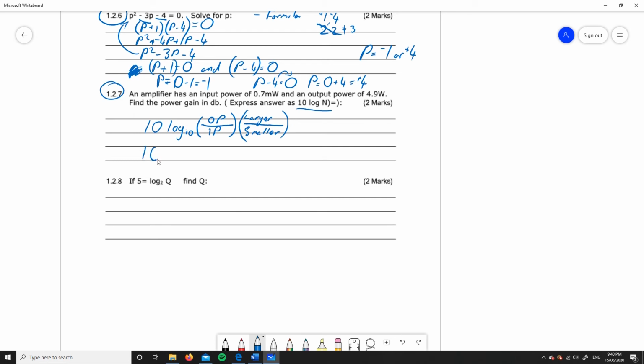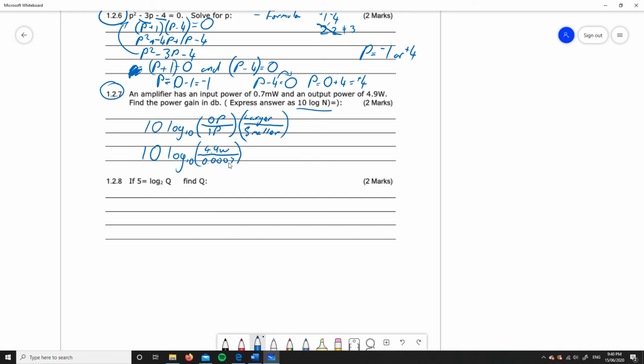So down here, drop that down, 10 log 10 of 4.9 watts. That's in watts. This one here is in milliwatts. So to convert it, I'm just going to multiply it by 1000.